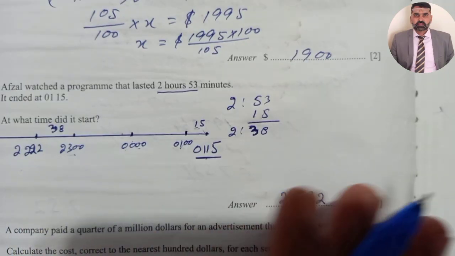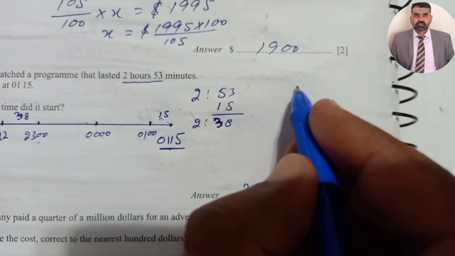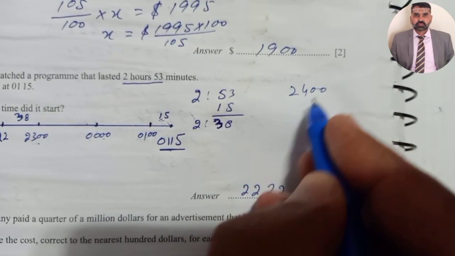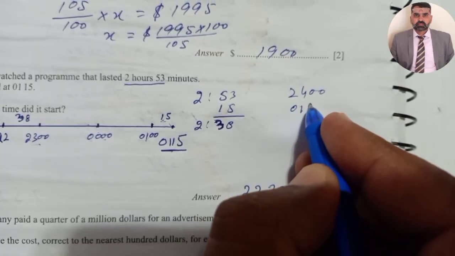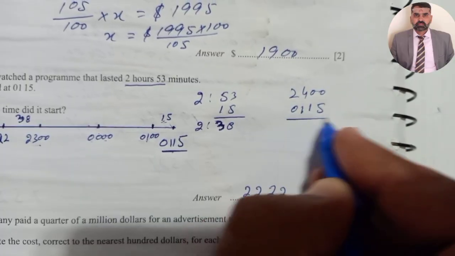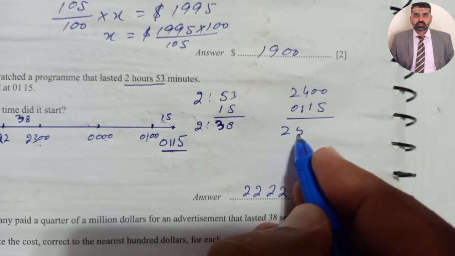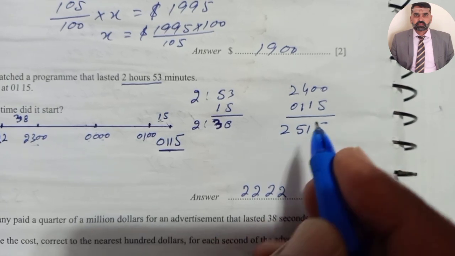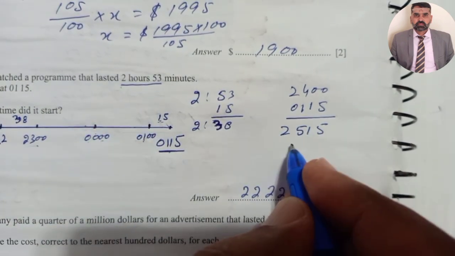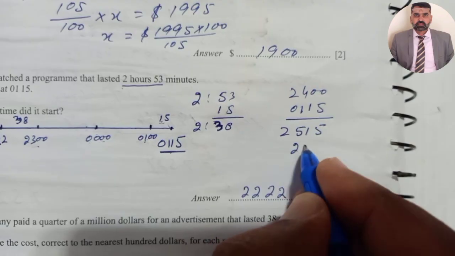The other method is we will add 2400 hours to 0115 hours, and we will have 2515 hours, and subtract 2 hours and 53 minutes.